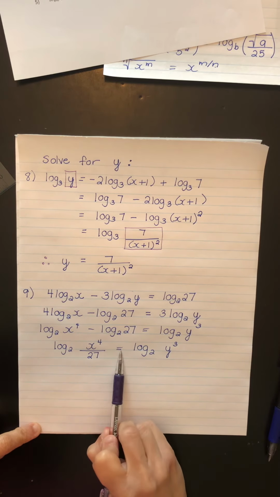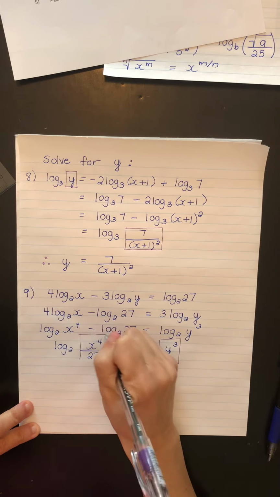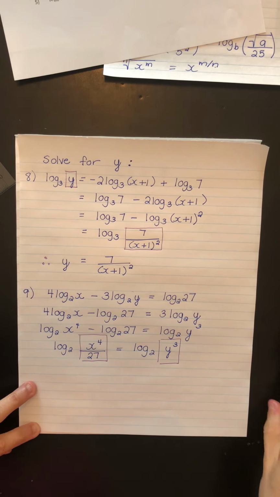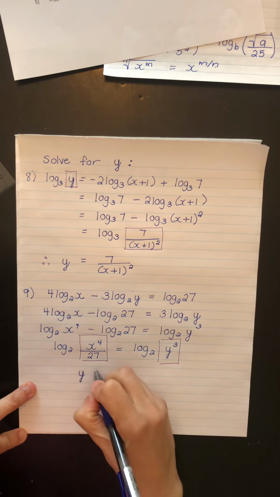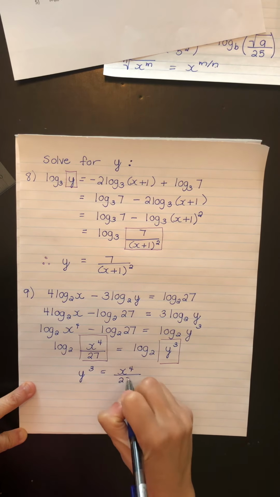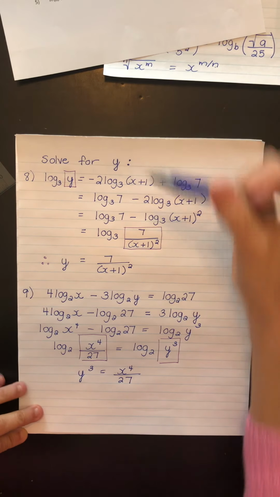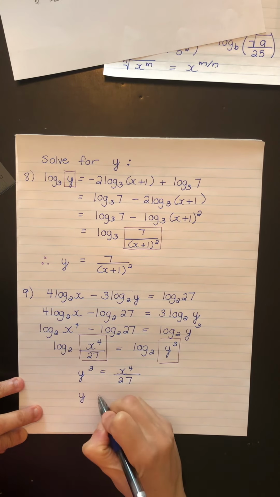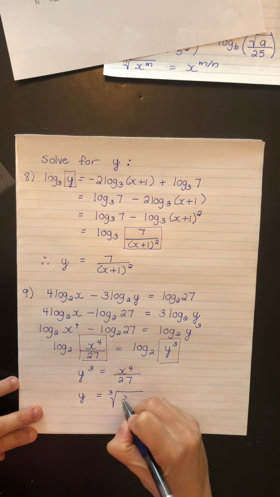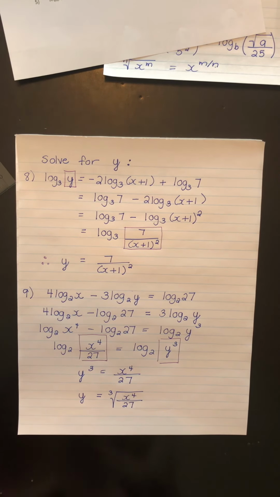It's an equation, so I can now equate these arguments. Meaning I can write y cubed is equal to x to the 4 over 27. We're meant to solve for y, and I can do that simply by taking the cube root of the right side.